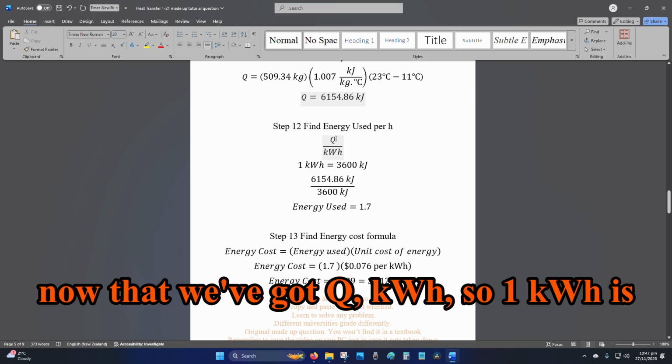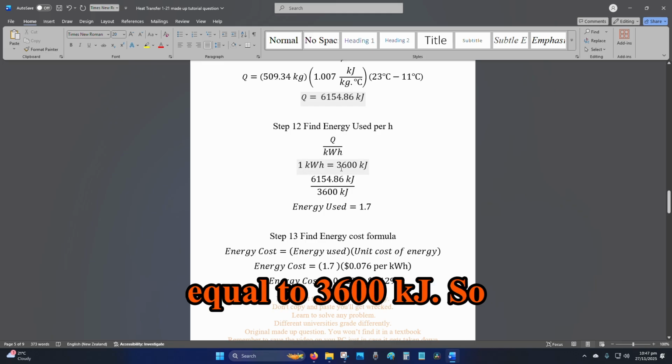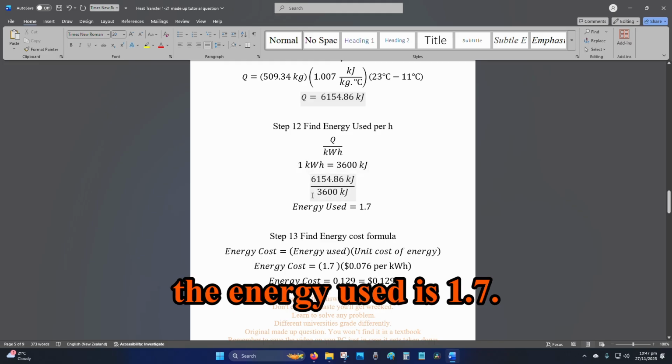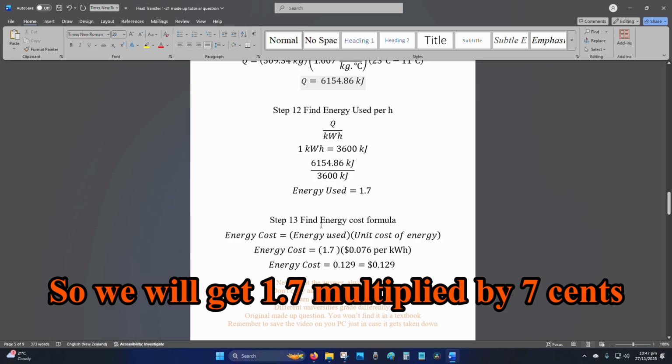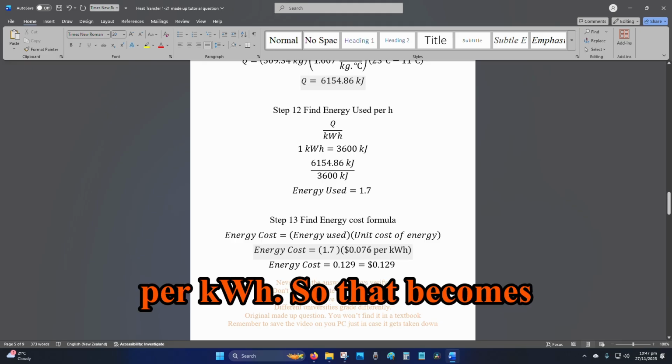So now that we've got Q, one kilowatt hour is equal to 3,600 kilojoules. So the energy used is 1.7. So we will get 1.7 multiplied by 7 cents per kilowatt hour.